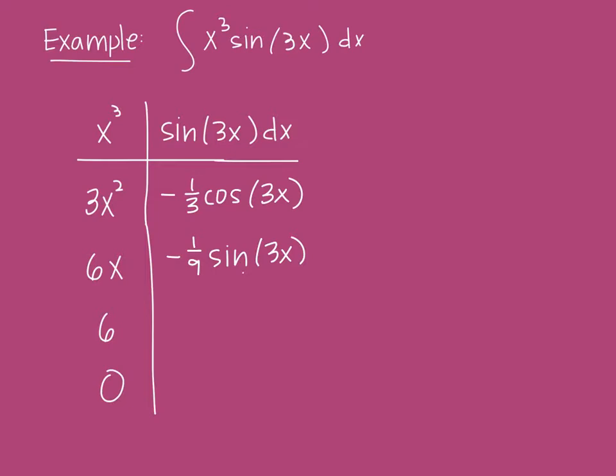The antiderivative of this is positive cosine. I'll need the anti-chain rule one more time to give me 1/27. And then the antiderivative of that is positive sine, and the anti-chain rule giving me 1/81.